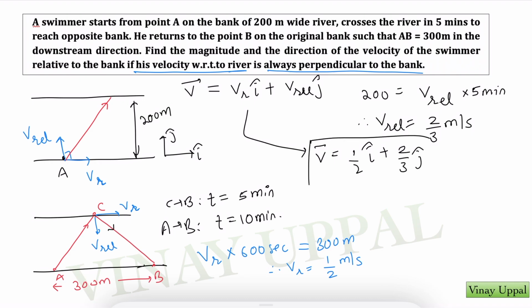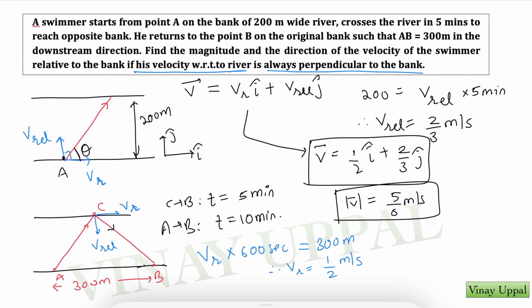So this is my velocity vector, and therefore its magnitude, all in the frame of the bank, would be 5 by 6 meter per second, and the angle theta here, tan theta would simply be the Y component 2 by 3 divided by the X component, so that will be 4 by 3, which is approximately 53 degrees. That's the way that the swimmer will travel.